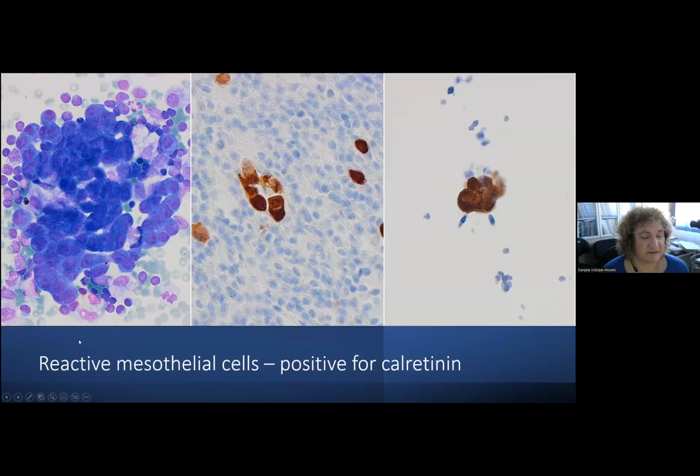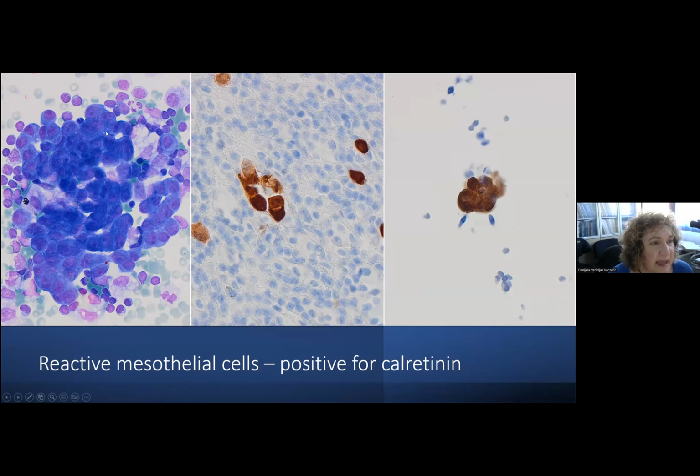Sometimes we have reactive mesothelial cells, like you see here with nucleoli and with some overlapping of the nuclei, with some irregular cluster with some spaces in between.